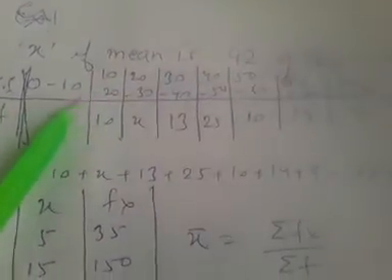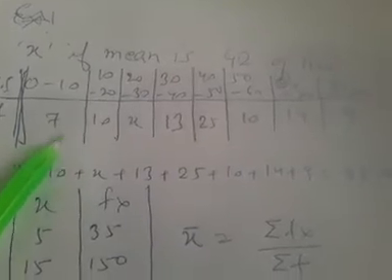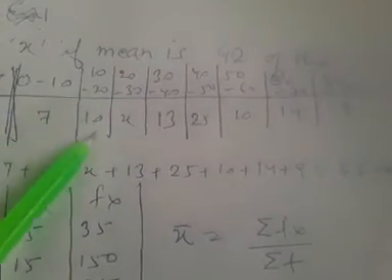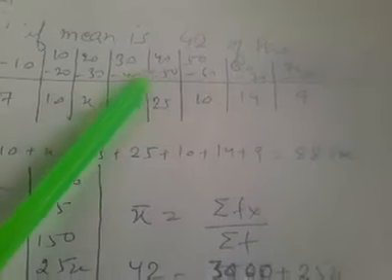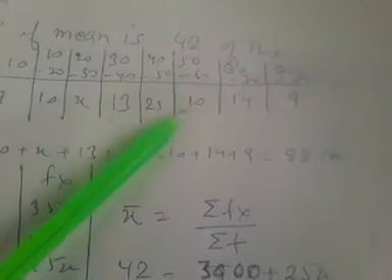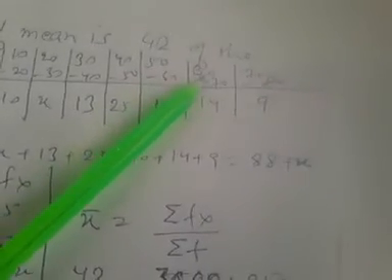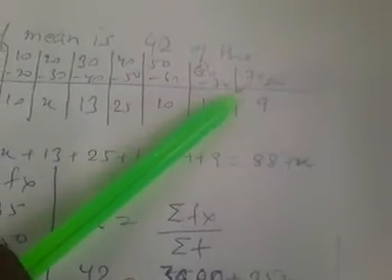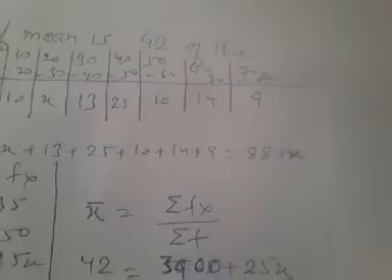And the corresponding frequencies are: for 0 to 10 it is 7, for 10 to 20 it is 10, for 20 to 30 it is x, for 30 to 40 it is 13, for 40 to 50 it is 25, for 50 to 60 it is 10, for 60 to 70 it is 14, and for 70 to 80 it is 9.